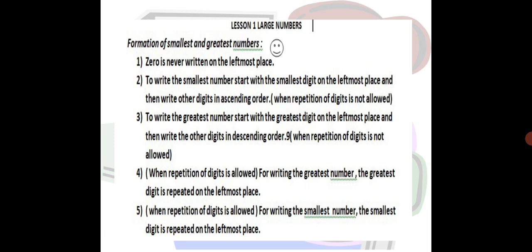Number 3: to write the greatest number, start with the greatest digit in the leftmost place and then write the other digits in descending order, that means bigger to smaller. Here too, the condition to follow is that repetition of digits is not allowed.